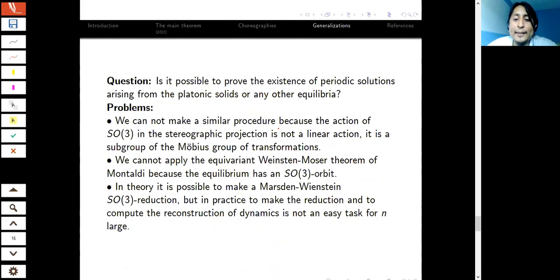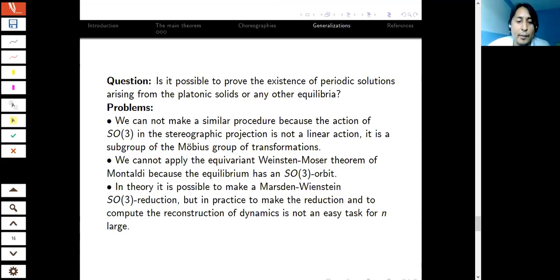We cannot make a similar procedure because the action of SO(3) in the stereographic projection is not a linear action. What I want to say is that the theorems that I showed you work for a Hamiltonian system in vector spaces with linear actions, right? And the action of SO(3) is not a linear action. It's actually a subgroup of the Mobius group of transformations. So I cannot apply the same theorem.